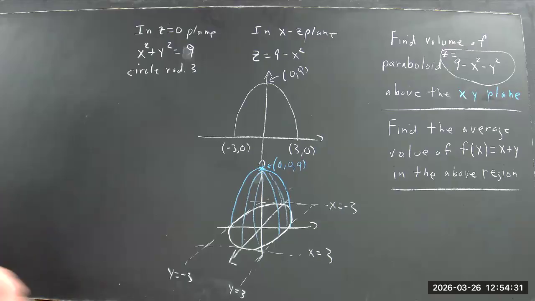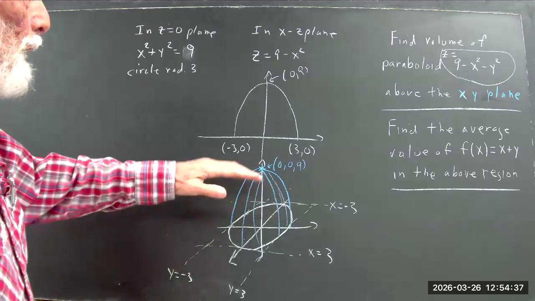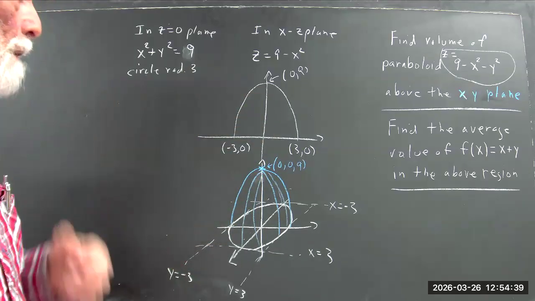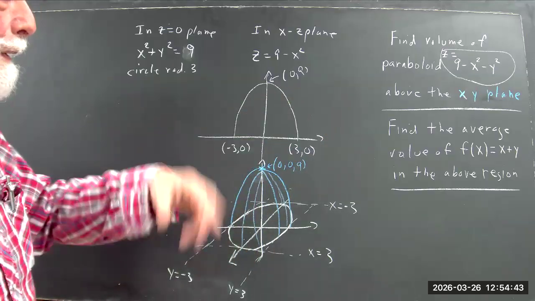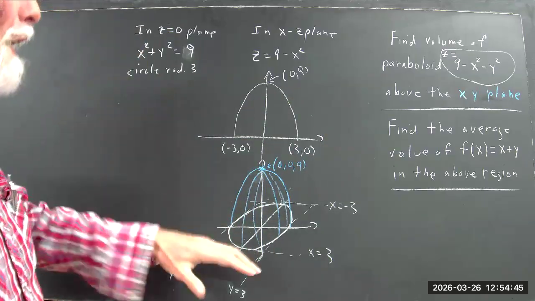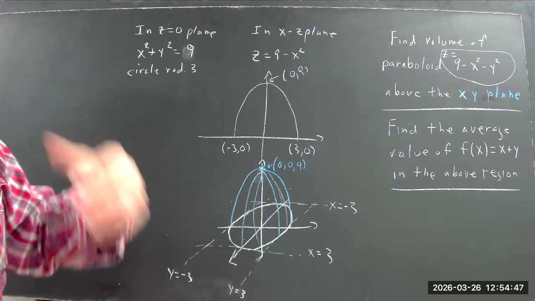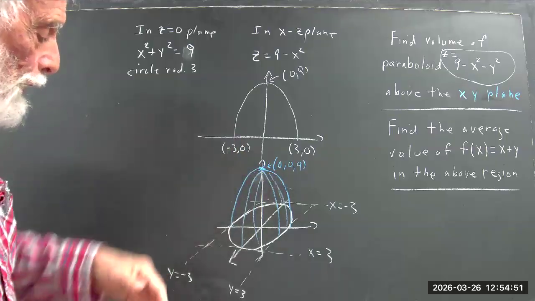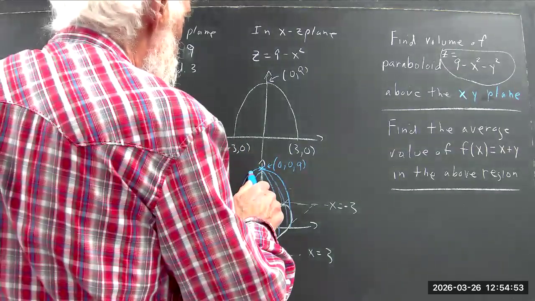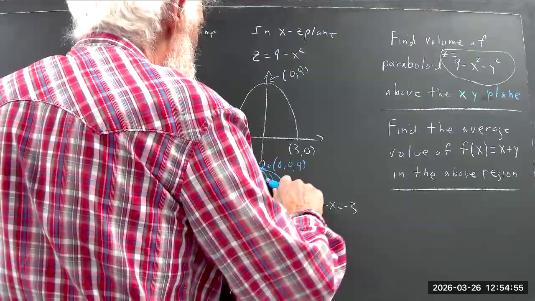And maybe you can, maybe it just didn't occur to you in the context of these problems. Look at the z equals 8 plane. Look at the z equals 7 plane. Look at the z equals 5 plane. If z equals 5, x squared plus y squared equals 4. So we come up to z equals 9 and we get a circle of radius 0, I'm sorry, we get a circle of radius 1 at z equals 8.